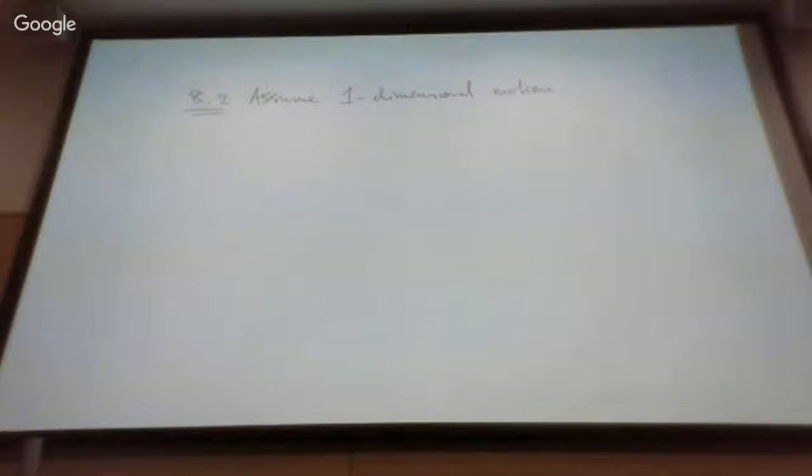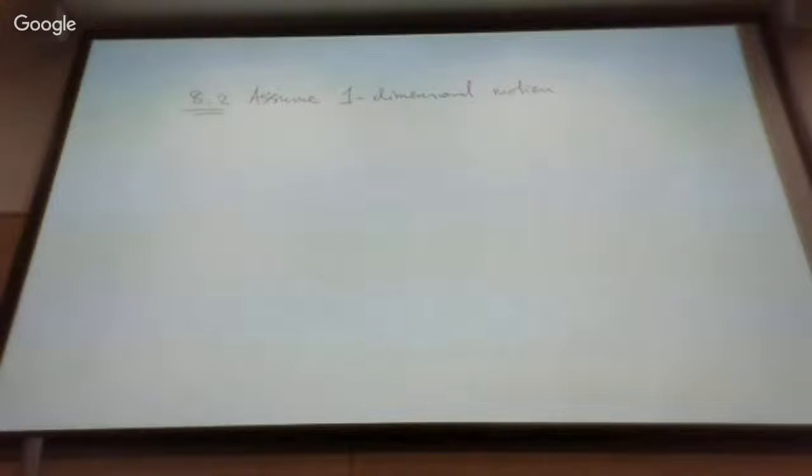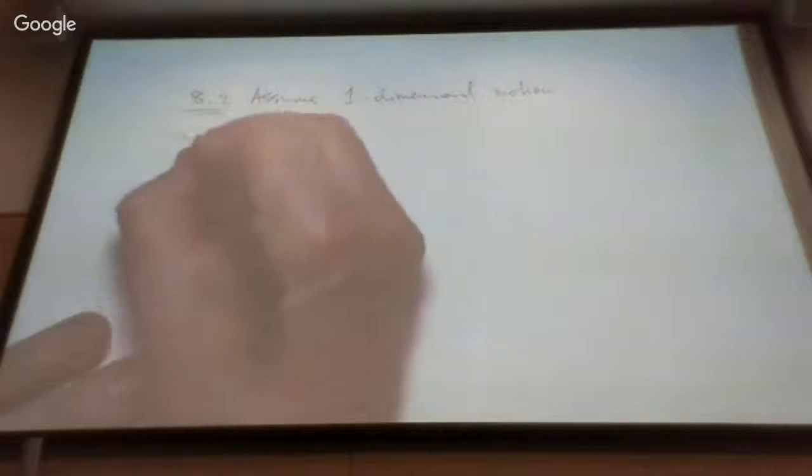So we want to track what's happening to this train, and there's three phases. There's the acceleration phase at the beginning, then the middle coasting phase, the constant velocity phase, and then the deceleration phase.